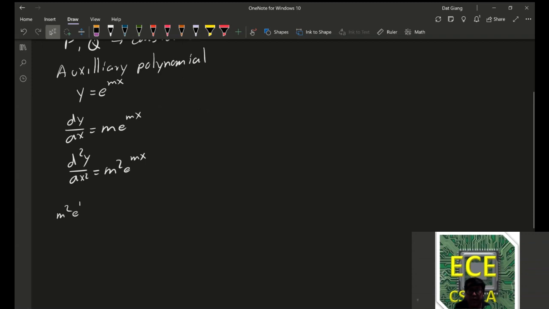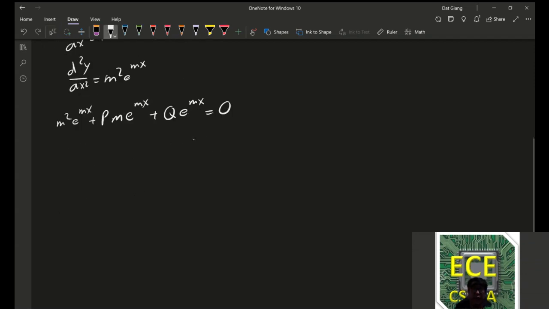So substituting these in, we get m squared e to the mx plus pm e to the mx plus q e to the mx equals 0. Now, we will factor out e to the mx. We have m squared plus pm plus q equals 0.